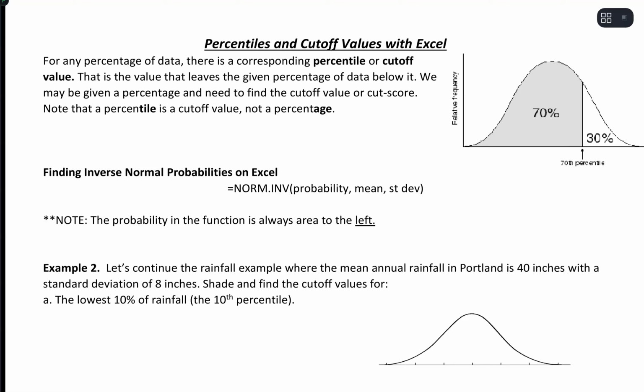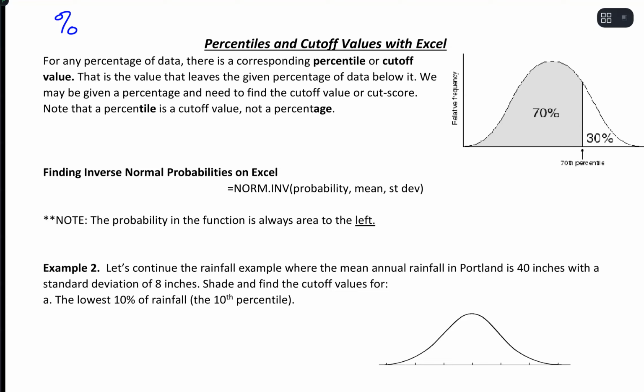So, in that last video, it was all about given a cutoff value, finding the area under the curve. What we're doing here is reversing that process. Here we're going to be given a percentage, so either a percentage of people or things, it could come through as a probability. They're going to have some description of whether that percentage is going to the left, to the right, or between two values.